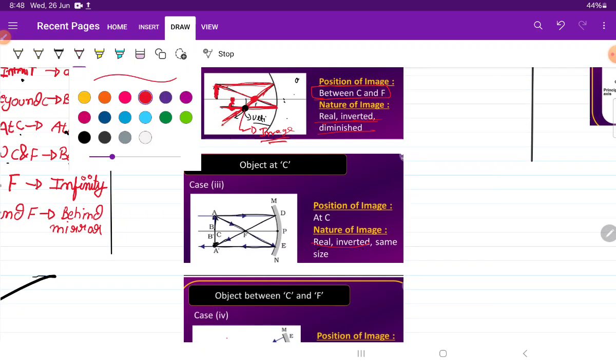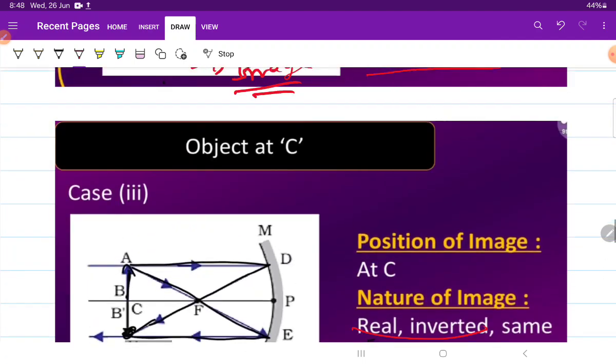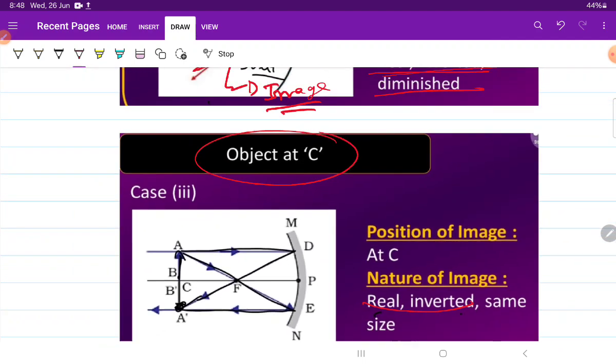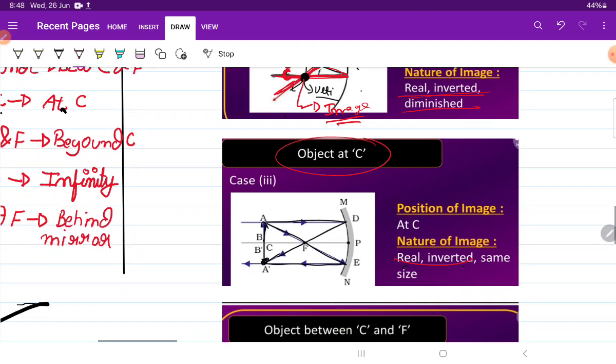In the third ray diagram, we are putting our object at C. First ray will always be parallel to the principal axis and pass through the focus. Then the second ray will pass through the focus and go parallel to the principal axis.